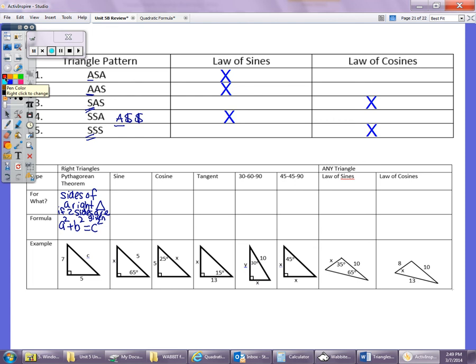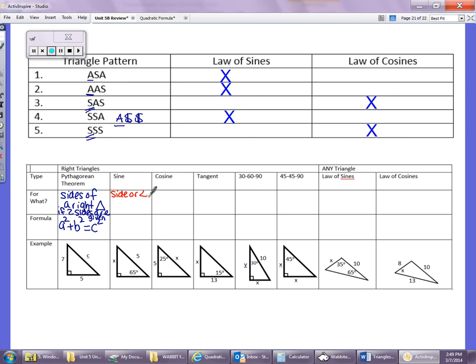That's used also to find a side or an angle of a triangle when an angle is given. When an angle and a side are given, or two sides, etc. And the formula for that would be sine of an angle equals opposite over hypotenuse.